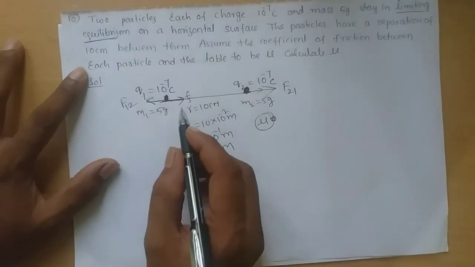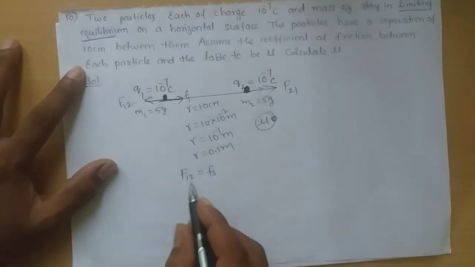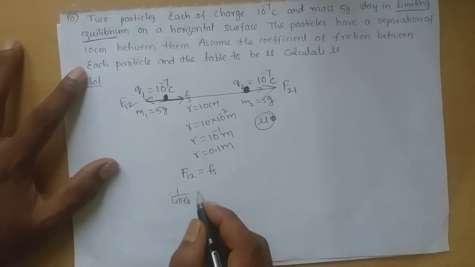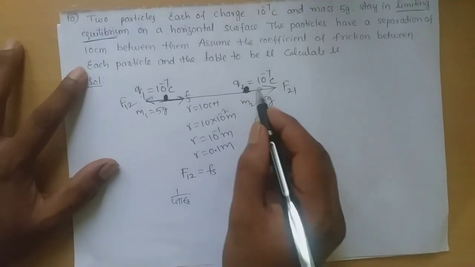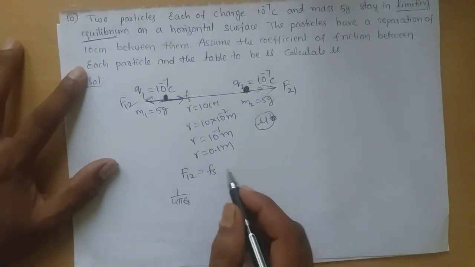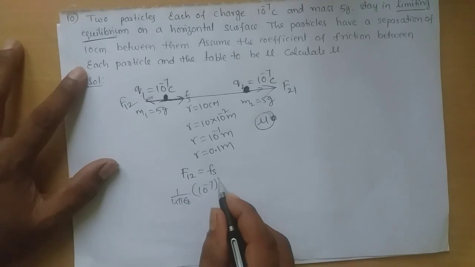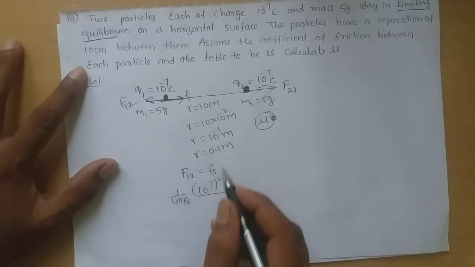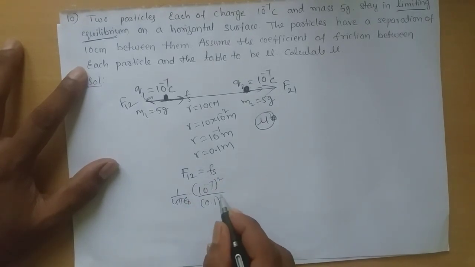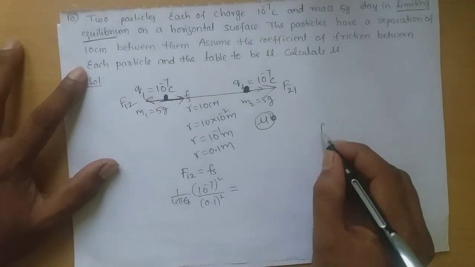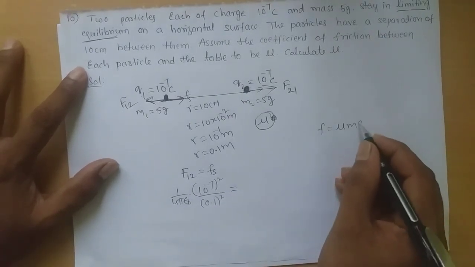Okay, the repulsion force, the electrostatic force, the formula is 1 by 4 pi epsilon naught q1 q2, both have the same charge, so q square, 10 power minus 7 whole square, by r square, where r is 0.1 whole square, equals the frictional force formula, F equals mu into m into g.